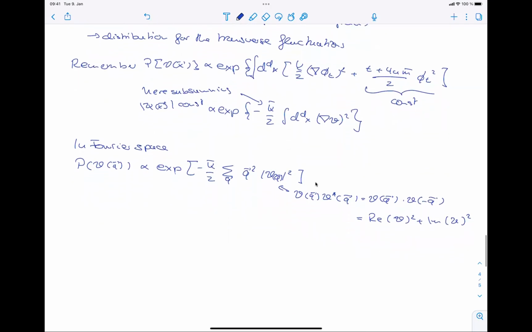And so we see that indeed we came back to the same functional dependence of theta being independent Gaussian random variables with zero mean, of which we know the correlations.